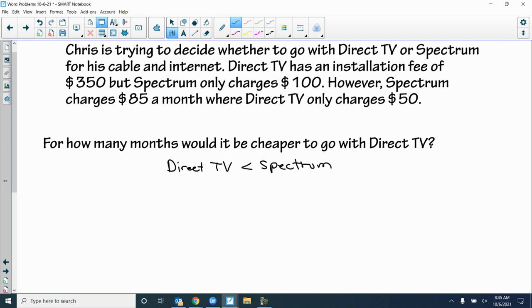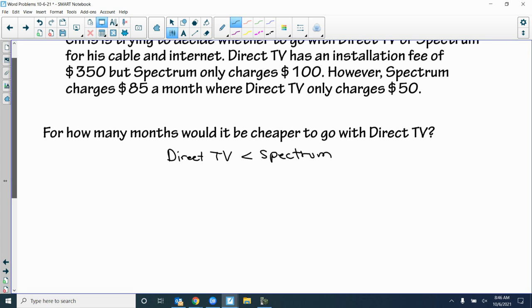So what do you think there, Emily, for the setup? It's 100 plus 85x. Now is that for Spectrum or DirecTV? Let's do DirecTV first.